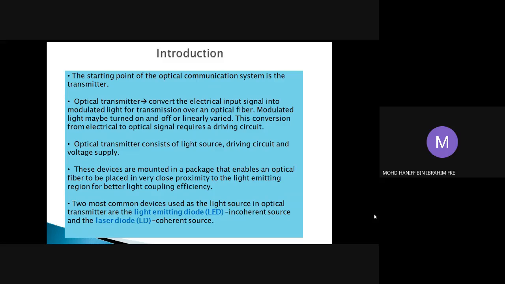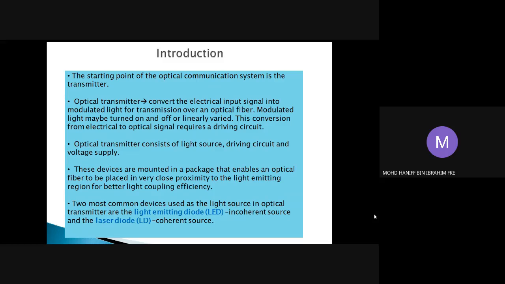But our interest will not be on that modulation. We know that this kind of modulation can be applied on the optical system, on the transmitter itself. One more thing to remember is that the conversion from the electrical to the optical signal will require a circuit called the driving circuit. The driving circuit is a special circuit at the transmitter side, which is used to convert the electrical to the optical signal.